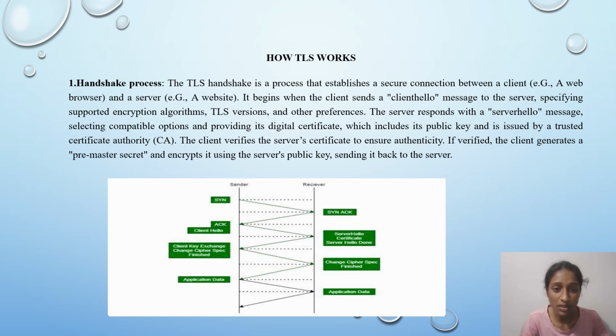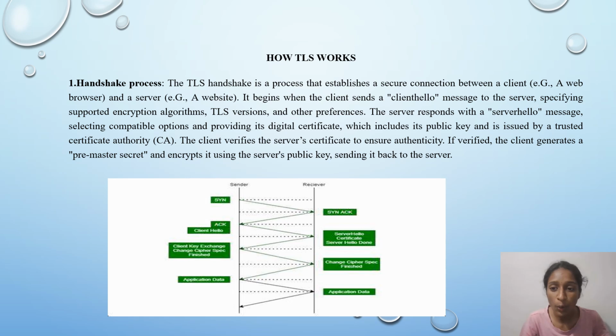First is the handshake process. The transport layer security handshake is a process that establishes a secure connection between a client and a server. It begins when the client sends a client hello message to the server, specifying supported encryption algorithms, transport layer security versions, and other preferences.